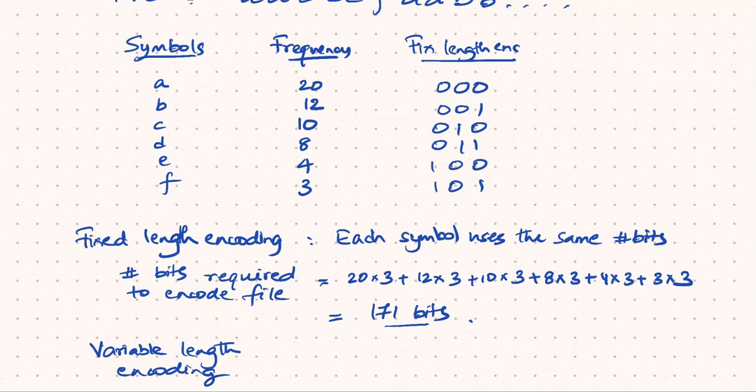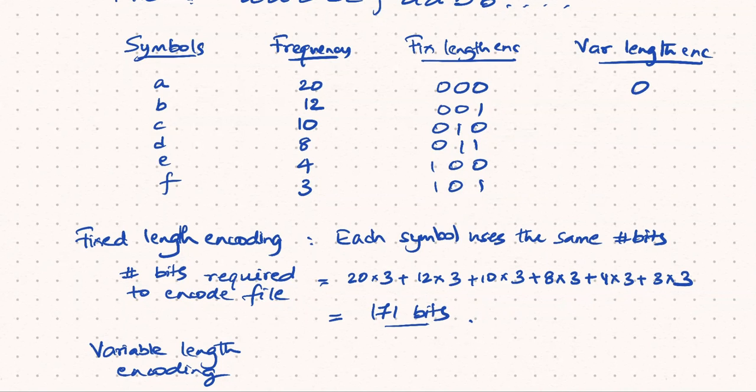So let's consider a variable length encoding. This is some hypothetical one. Let's say we encode A simply using the bit 0. Whenever I see a character A, I'll replace it by 0.